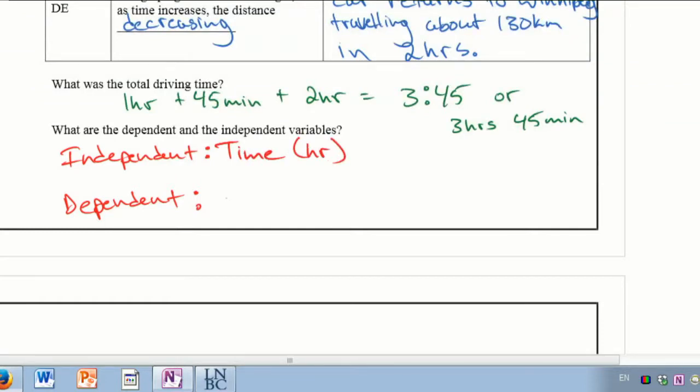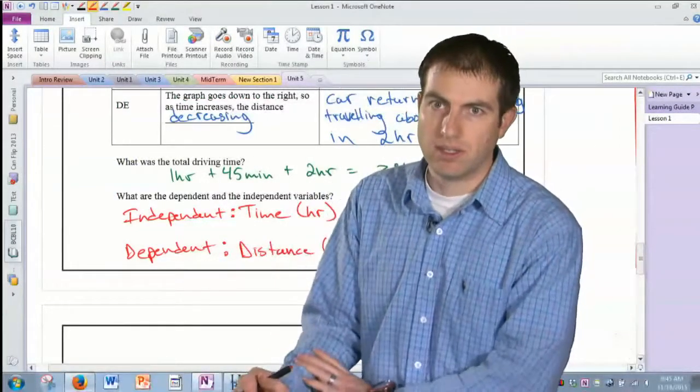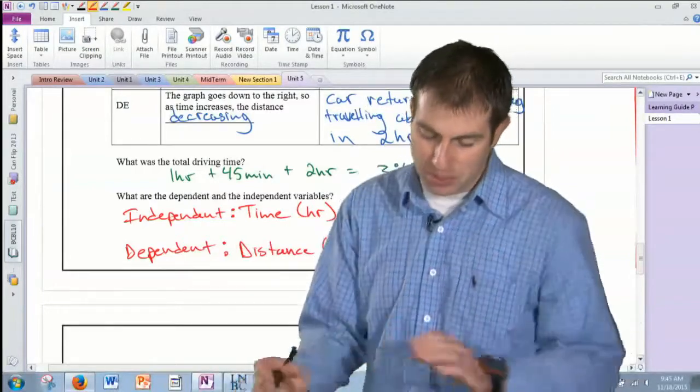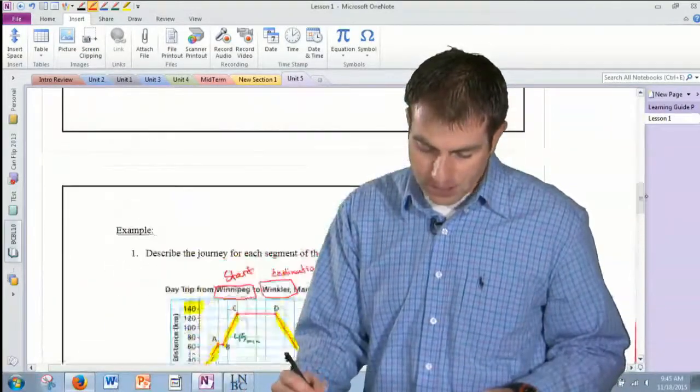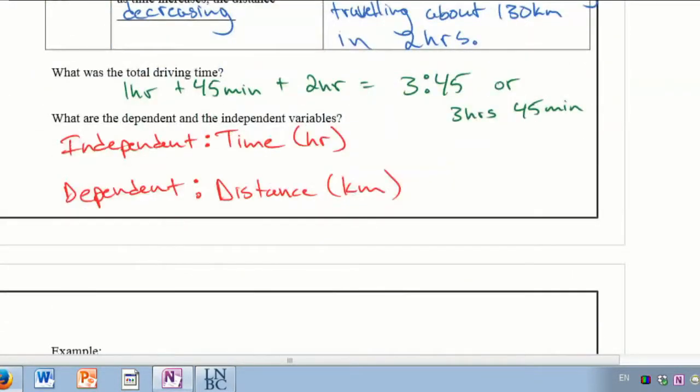And the dependent variable is distance. And in this case, our distance was in kilometers. So if we look at the definitions, a variable whose value is determined by the independent variable, variables whose value is not determined by the dependent variable. Independent is time. We can't really control time, I suppose. So maybe that isn't the best kind of example.